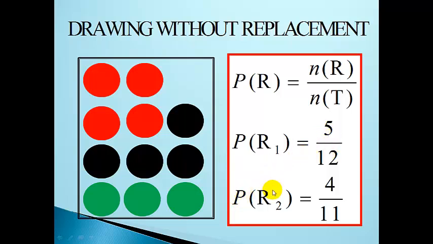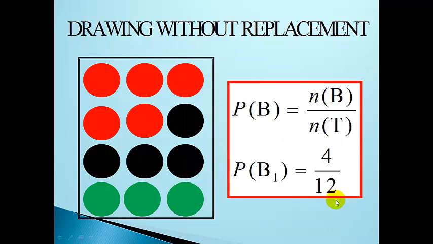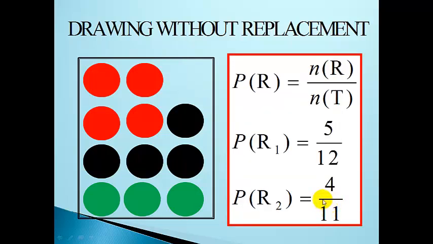Now probability of R2 means that we are taking another red ball from the box. By the time we get to R2, that is, by the time we are taking the second ball that is red, the number of red balls would have been 4. So we are taking 1 out of the 4, divided by the total, which will now be 11, because 1 has already been taken.